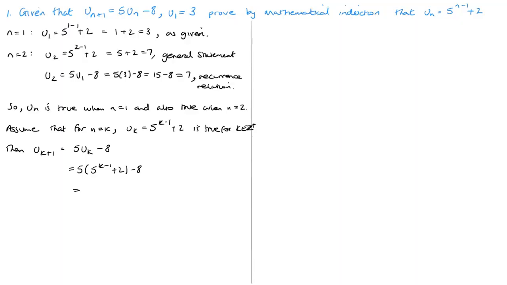So 5 to the k minus 1 times by 5 is going to be 5 to the k, plus 10 minus 8. So it's going to be 5 to the k plus 2. Or 5 to the k plus 1 minus 1, plus 2. And then we have it in this form, k plus 1 minus 1, which is just k, plus 2.